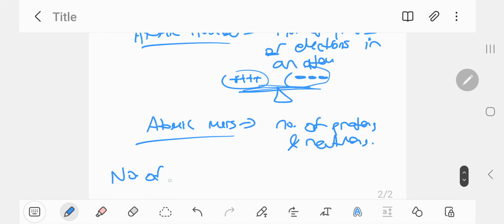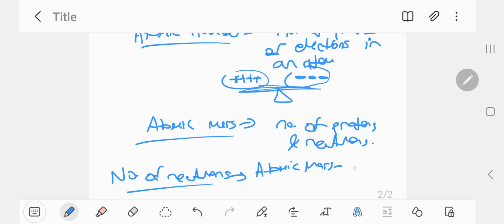Now to calculate the number of neutrons, what you do is you subtract, and I'll show you mathematically why this makes sense, atomic mass minus atomic number. Let me show you why. So atomic mass, I'm going to use just some symbols here. Atomic mass, let's call that P plus N. Number of protons, P, plus number of neutrons, N. Atomic number, let's call that P, right? Number of protons or electrons.